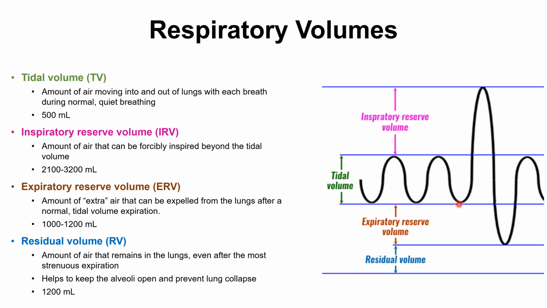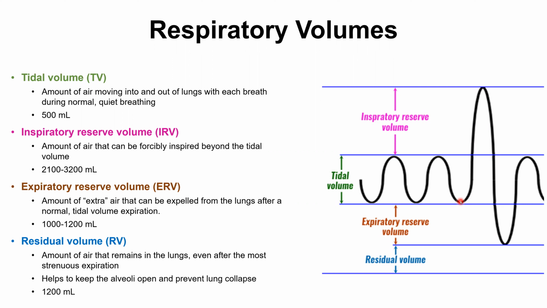Now the next value that I'll talk about is the inspiratory reserve volume. And to describe this one, we have to understand that first we take our inhale for our tidal volume, and then anything else that can be inhaled is inspiratory reserve.